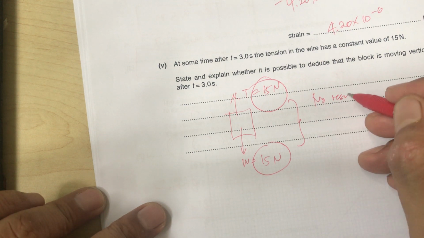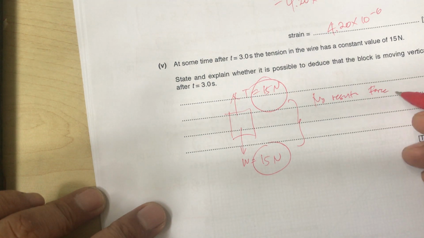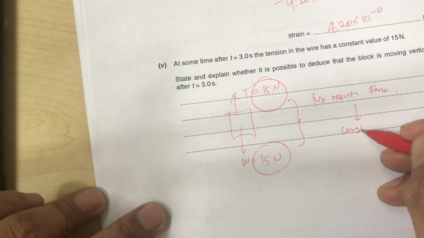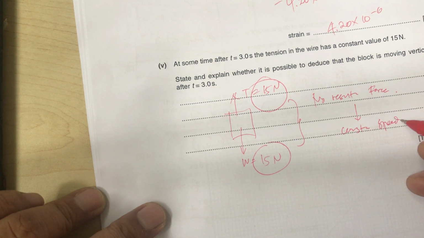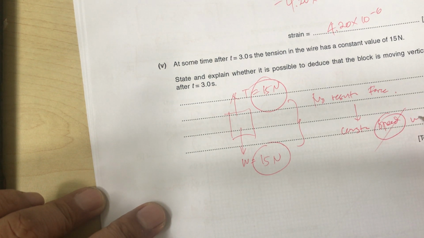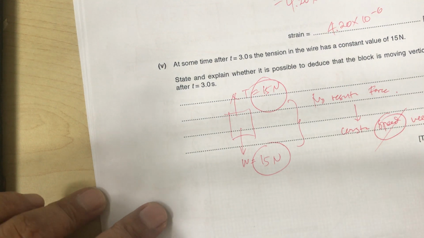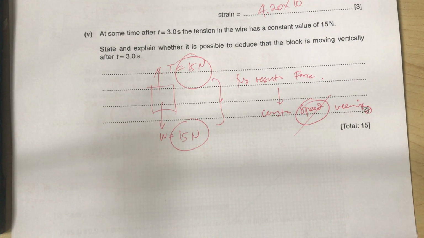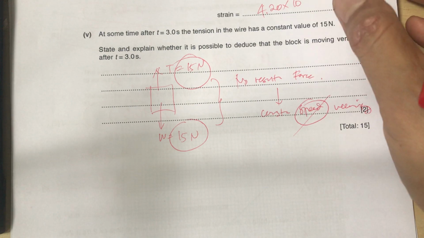So this is constant speed or constant velocity. Yes, the resultant force equals 0. Okay, continue to number 3.